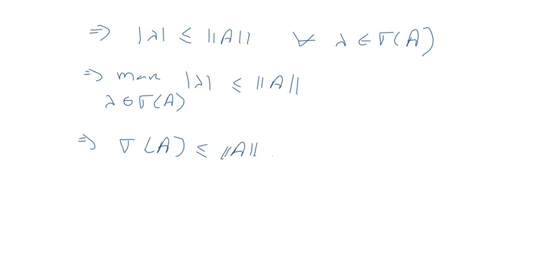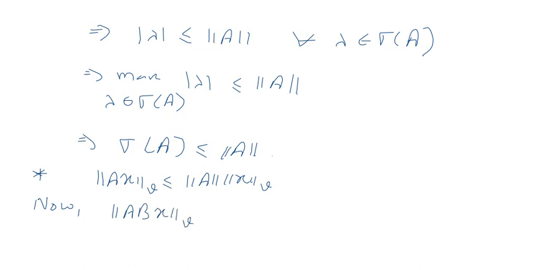Now the third thing we want to mention is that this induced matrix norm is actually a multiplicative norm. Just now we have seen that the norm of Ax is less than or equal to the norm of A into the norm of x. Now, the norm of ABx: A and B are both square matrices, so matrix multiplication is compatible.